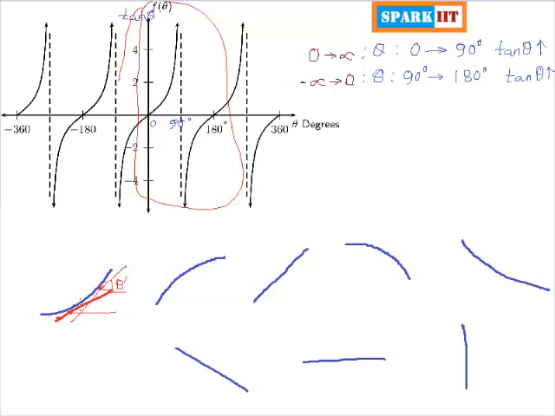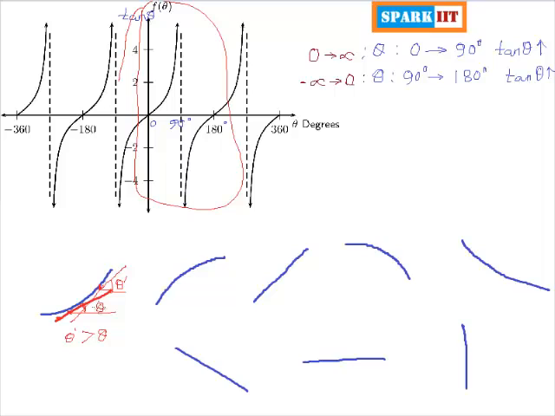Theta dash, this is theta. So you see here this theta is increasing, theta dash greater than theta, and these two thetas are in 0 to 90 degrees.